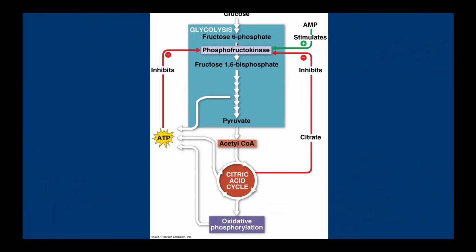If we recall back in the metabolism chapter, we talked about metabolic pathways and feedback inhibition and how it's involved with regulating a metabolic pathway. Well, cellular respiration is a very complex metabolic pathway made up of sub-pathways like glycolysis, the Krebs cycle, and so forth.